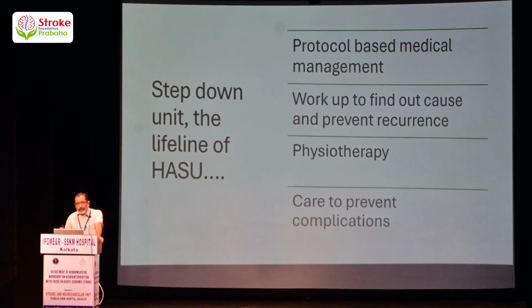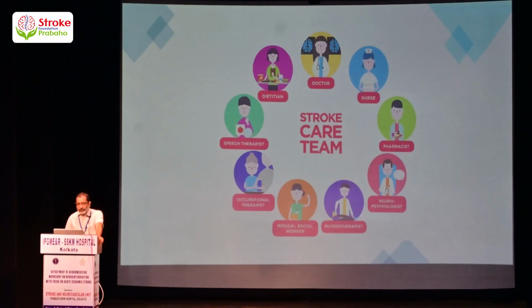After 3 to 5 days, these patients are shifted to the emergency ward, where we try to manage post-stroke complications. We ensure proper rehabilitation and also follow the protocol-based management which was already initiated in the hyperacute stroke unit.